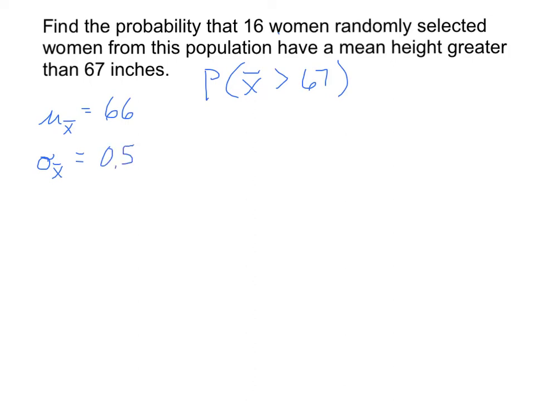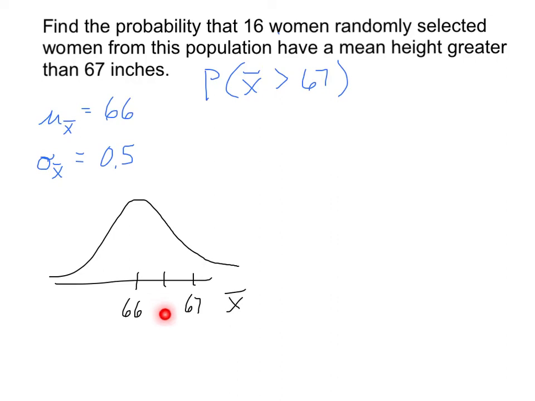So my bell-shaped curve is going to be skinnier than the one we had originally. We're still going to have 66 inches, but these are the x bars. Right here would be 66.5, and 2 standard deviations away is 67, and over here 2 standard deviations away would be 65.